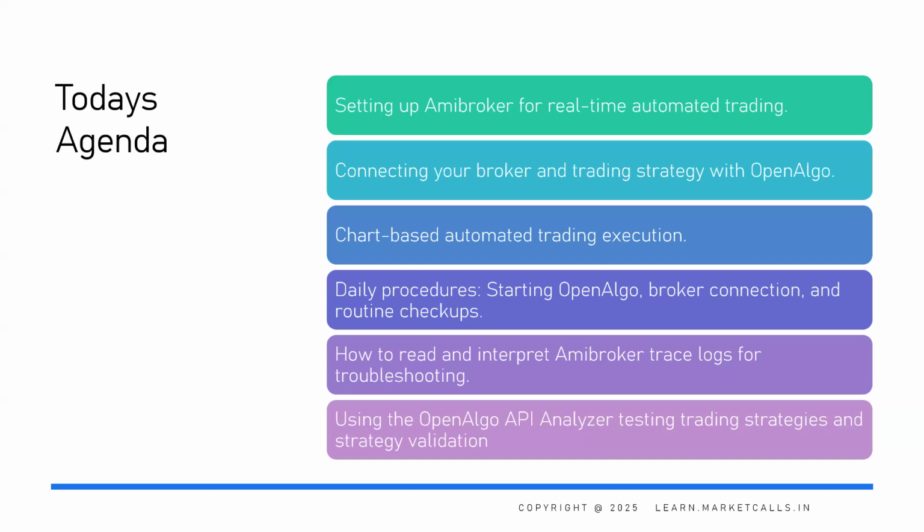Like starting OpenAlgo, connecting with the broker and routine checkups, and how to read and interpret the Amibroker trace log for troubleshooting. These are some very basic things that a trader has to perform. And also using the OpenAlgo API analyzer, a module to test your strategies without using the live trading account. That is what we're going to learn in this specific session.